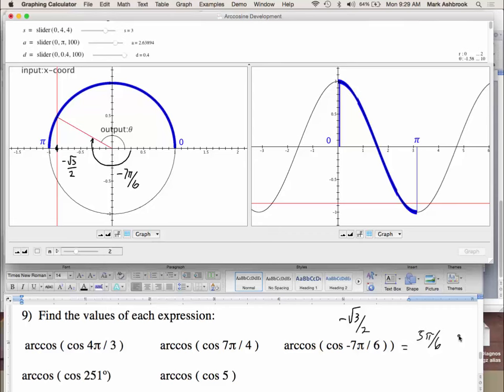Okay, so what about arc cosine of 5? And we want that as an exact expression, no calculator. So we want to get our symmetry here. Angle 5 is in which quadrant? It's just a little bit past the bottom, right? It's in the fourth quadrant.